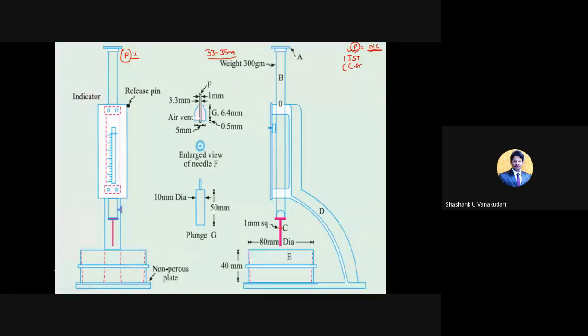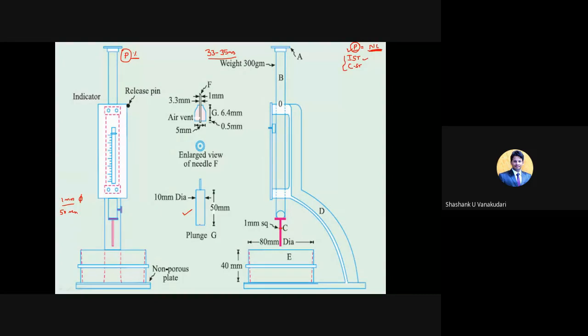Clear? So now note down that for normal consistency, we have to use this plunger. And for the initial setting time test, we have to use the needle, which is already attached. The needle diameter is 1 mm and its length is 50 mm. The length will remain the same; only the diameter differs.